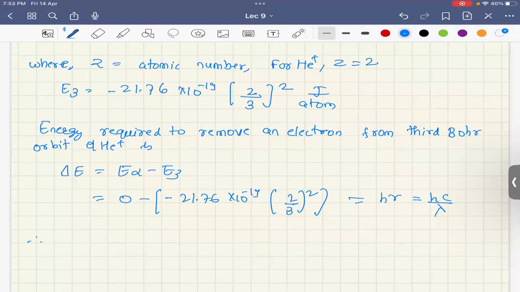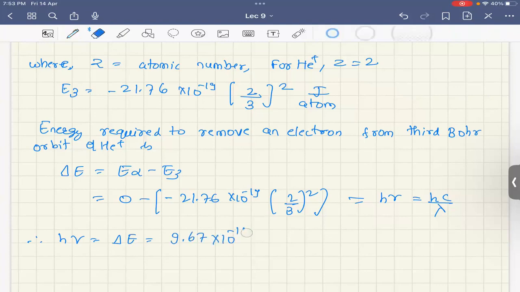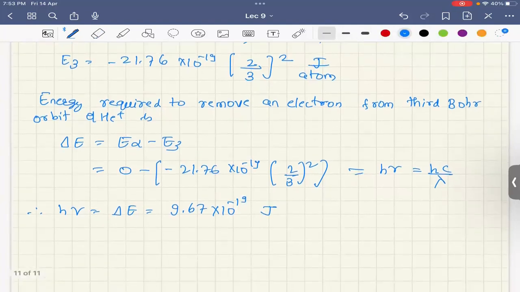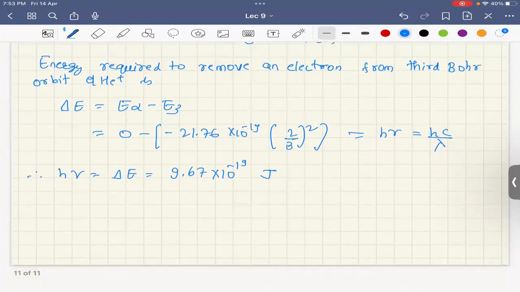Hence we can say h nu, which is nothing but delta E, which is 9.67 into 10 raised to power minus 19 joule, right? Hence this is hc by lambda.